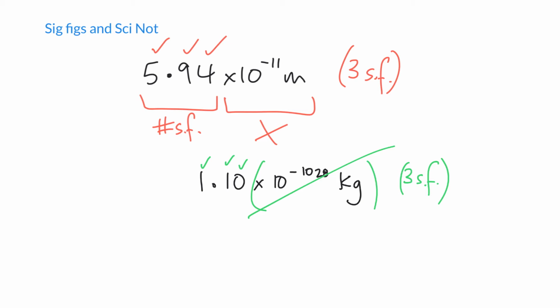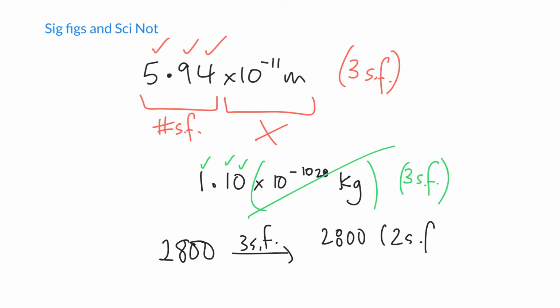So notice that gives us a way to write numbers. So for instance, let's say we had a number like 2,800, and we wanted to write it to 3 significant figures. And you might say, well, you can just write it 2,800. Well, that has 2 significant figures because those zeros on the end are not significant.